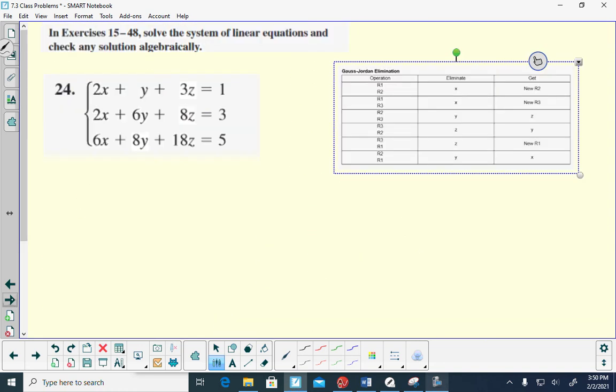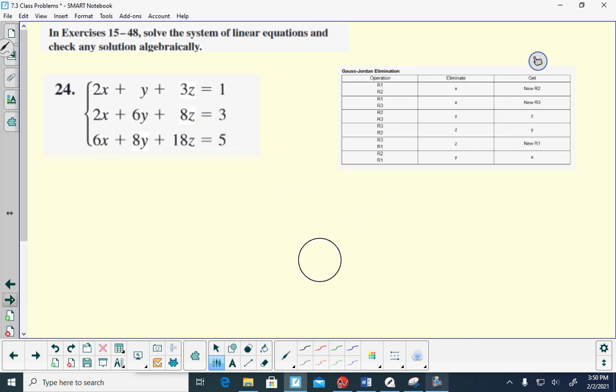Moving on to 24, I am going to follow that same pattern that I've been doing over and over again. I am going to do row 1 plus row 2 to eliminate my x. So that's an easy one. Let's say I leave row 1 alone. So 2x, let's multiply it by negative sign because I always change the first one.